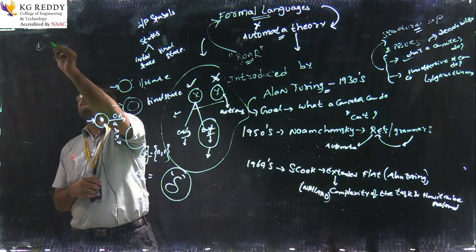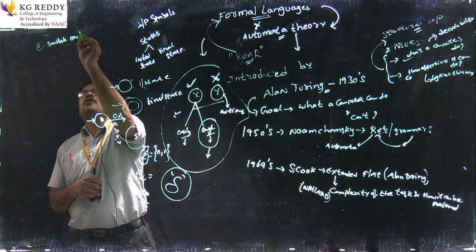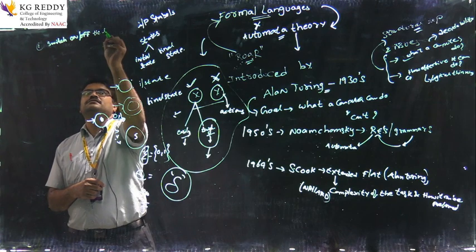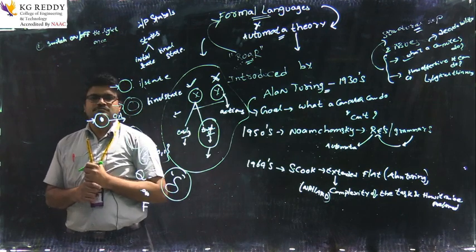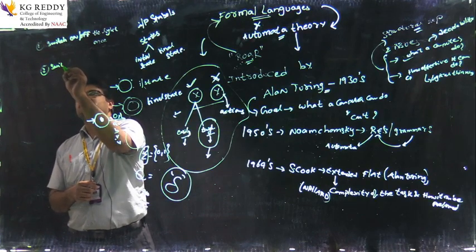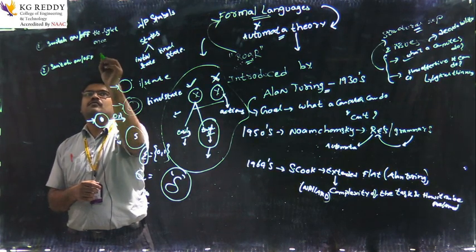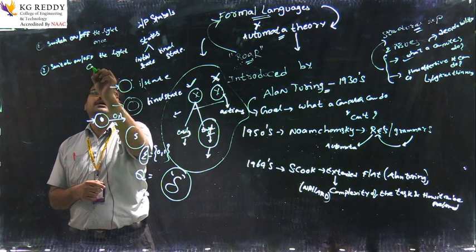One, switch on and off the light once. The second task is switch on or off the light continuously.